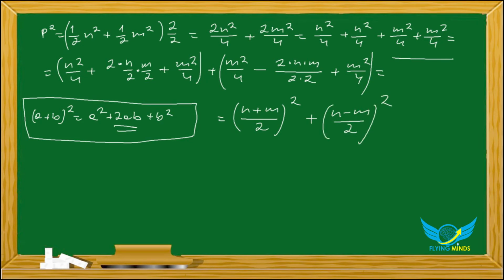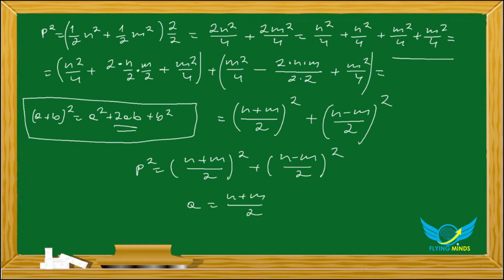So our answer is m squared equals n plus m over 2 squared plus n minus m over 2 squared, whereas a equals n plus m over 2 and b equals n minus m over 2. Here we go. We have our Pythagorean theorem in the form p squared equals a squared plus b squared. So we answered part A.